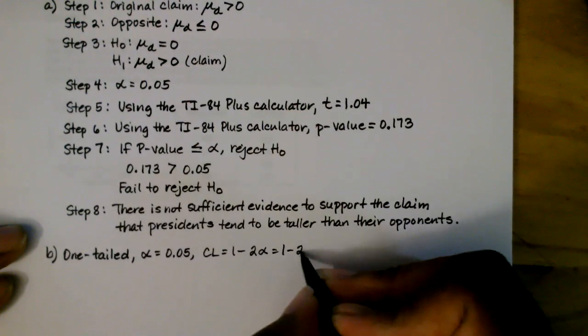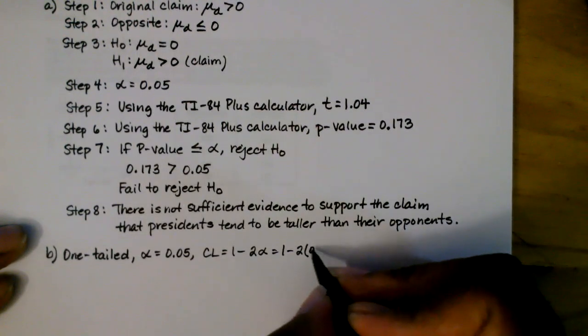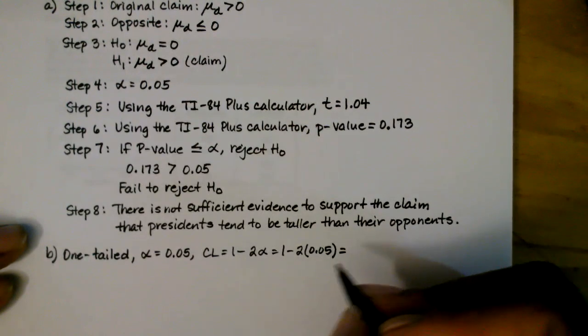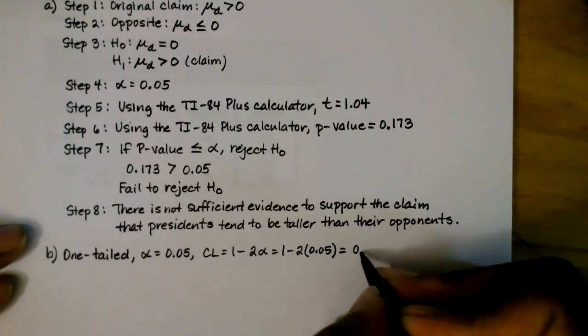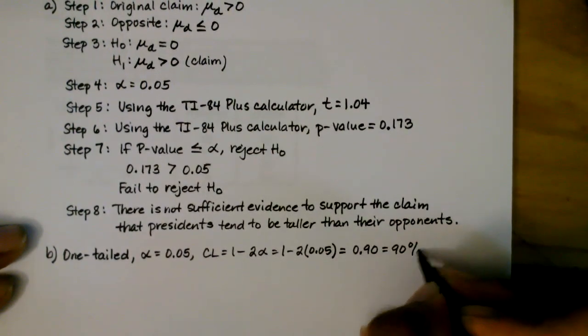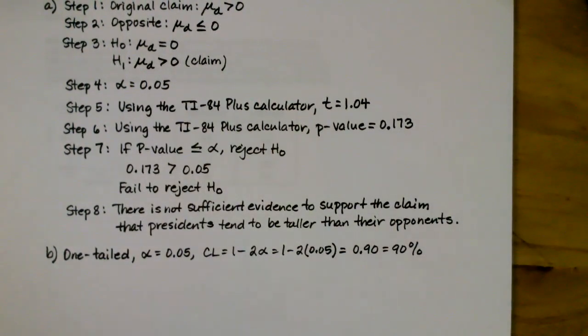So 1 minus 2 times alpha, which is 0.05. And if you type all that in the calculator, you'll get 0.90, which is 90% as a percent. So that means we have a 90% confidence level.